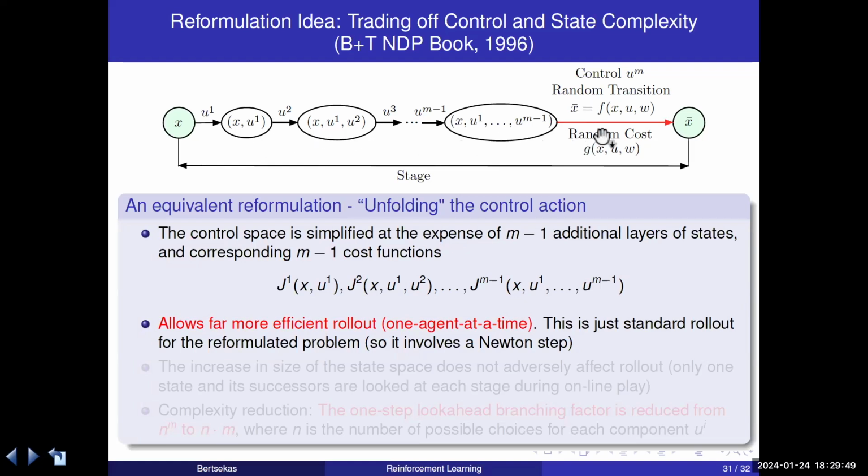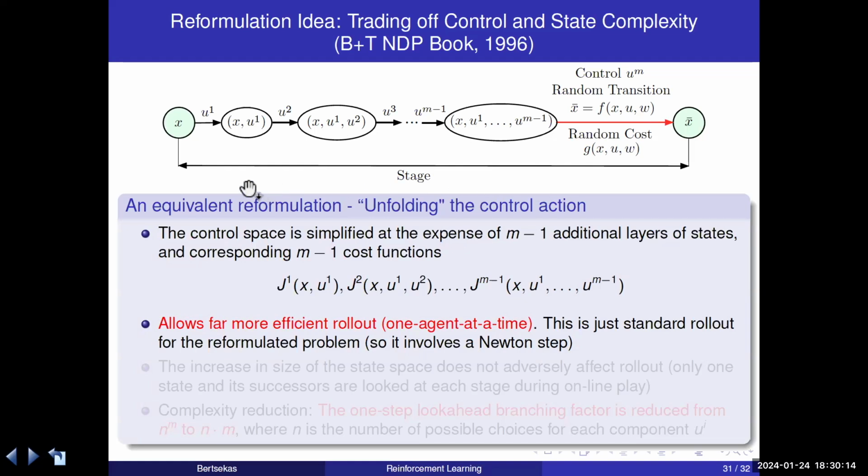So this is a different form of rollout, but it is the standard rollout for the reformulated problem. As a result, it has the Newton property. It really implements a Newton step. And that makes this type of rollout just as good as the rollout where you would have to deal with a larger control space.